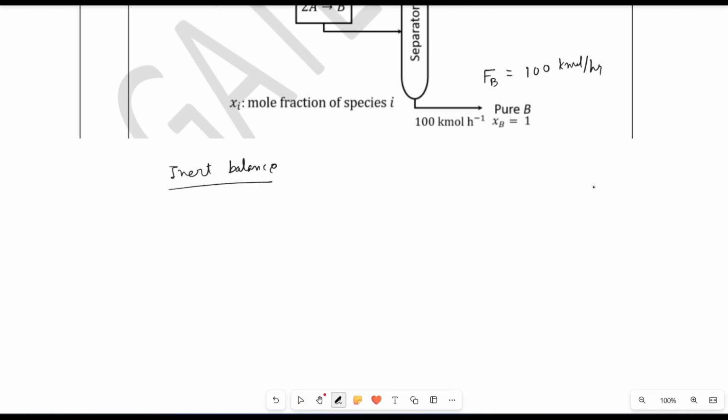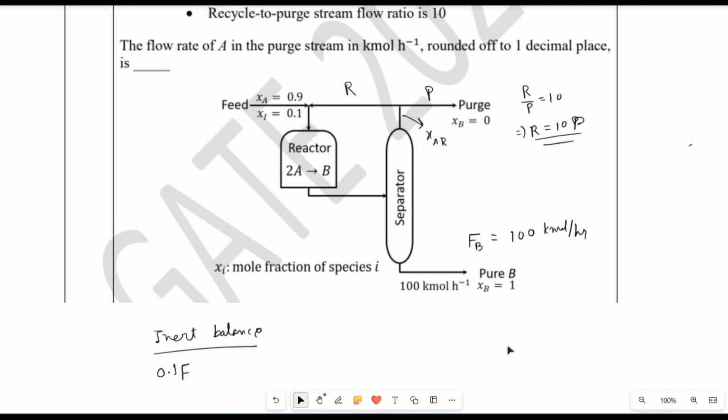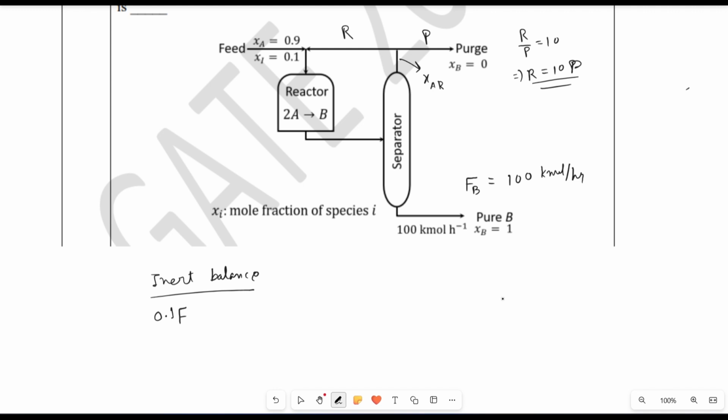This will give a meaningful expression. 10% of feed, where F is the feed, is going out through the purge only, so 0.1F is equal to the inert concentration, which is 1 minus XAR, because only species A and inert are present, into the purge P. So this is one relation.